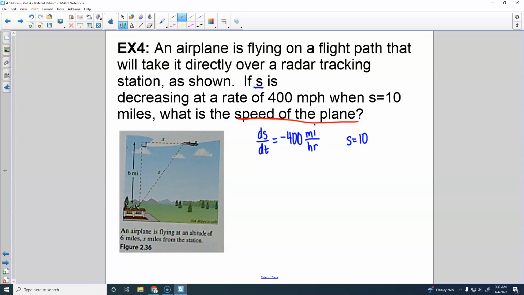Because the plane is going on that path. The plane is not trying to kamikaze into the building right here. It is going this way. The speed of the plane is dx dt. That's what we're looking for.